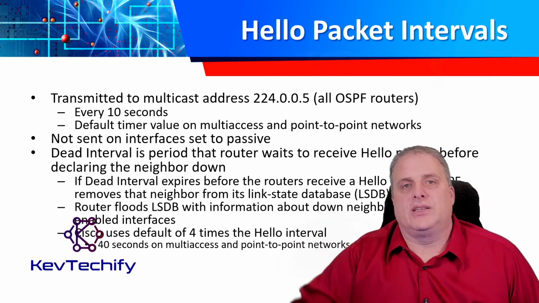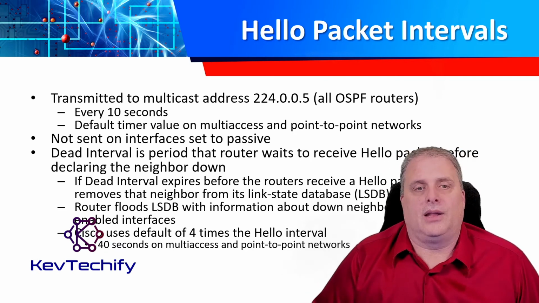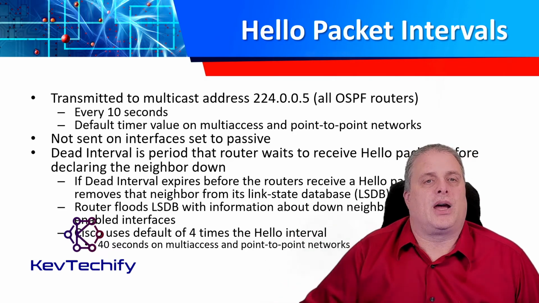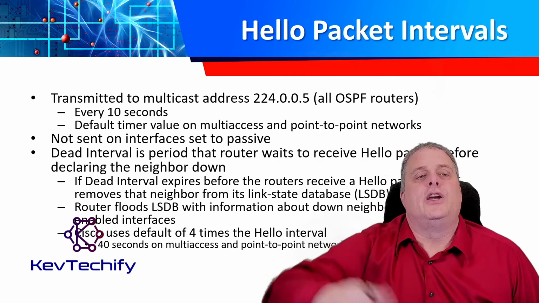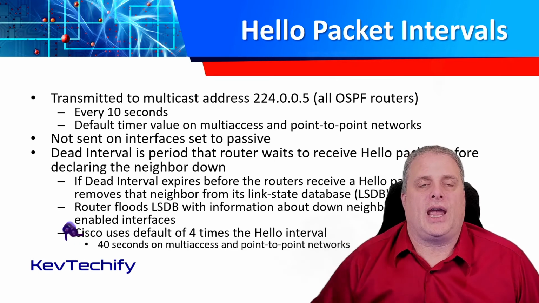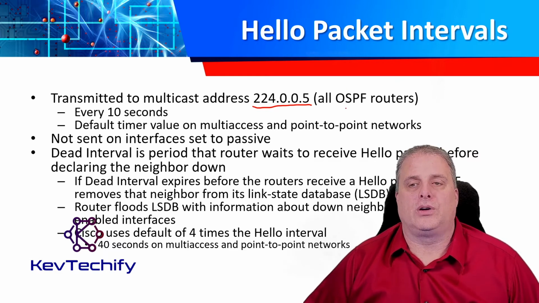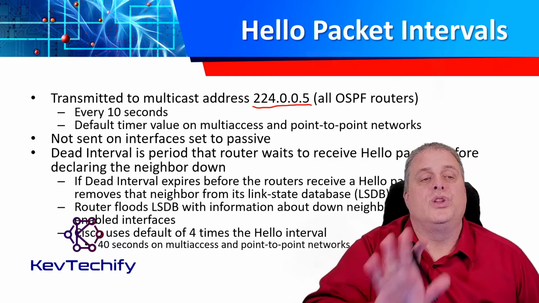So every 10 seconds, the router says, hello, here's my router ID. And then they hopefully do get a response back saying, yep, I'm glad to meet you, here's my router ID. We send that out as a multicast on a special multicast address, 224.0.0.5. All OSPF routers are set up to listen to that.